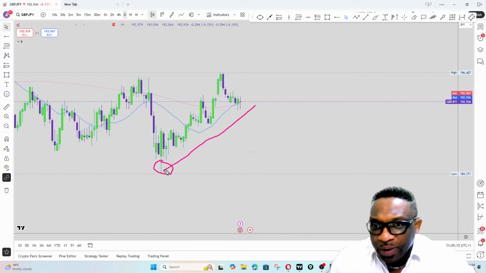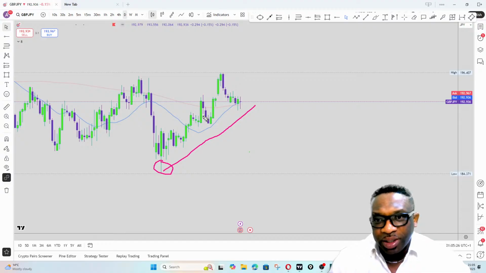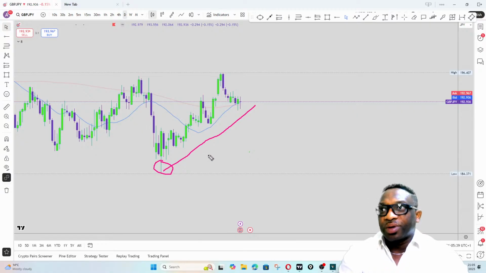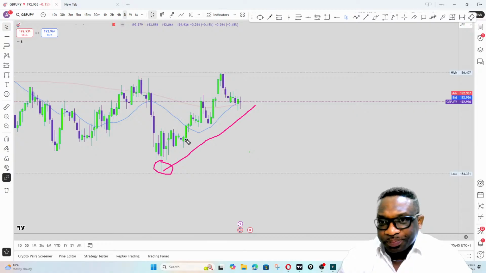From here we can see it's made this low, we traded to this low point, and then if we look to the left we'll find the reason why it traded to this low point and then began to make its way up. But again, we'll look into that later. So now what you want to identify is a breakup structure and then some demand areas where price originated from as it made its way up.